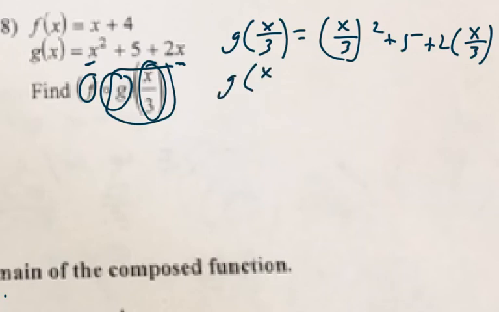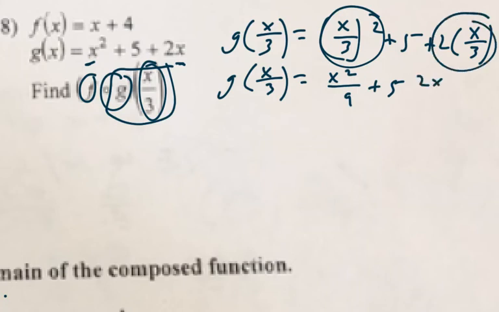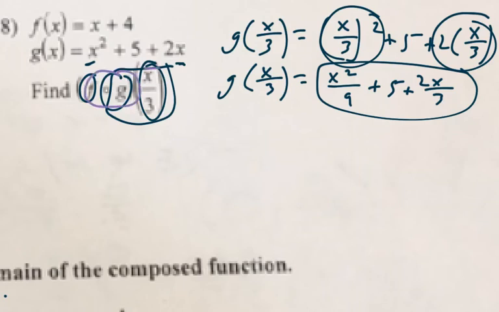So g of x divided by 3 is going to be, this is simply x squared over 9. I still have a plus 5 there. And this is 2x divided by 3. So now that I have g of x divided by 3, we want f of g of x divided by 3, which means now we're going to take this and plug it into f.